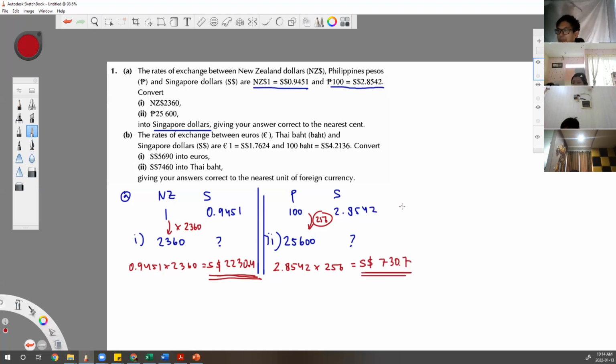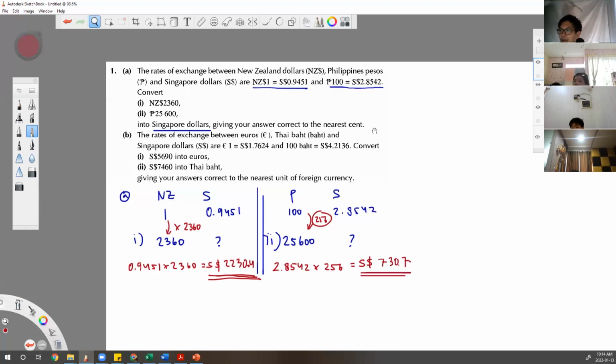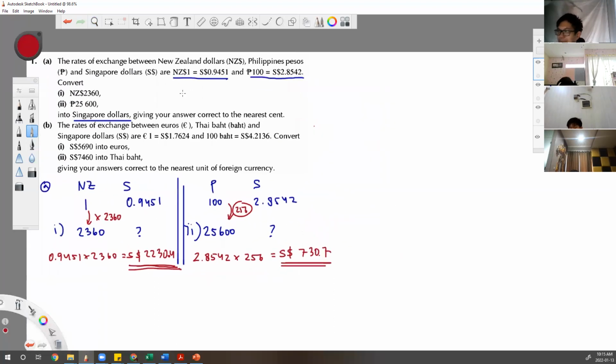Okay, now part B. I think it's quite challenging. The rate of exchange between Euro, Thai baht, and Singapore dollar. 1 euro is Singapore 1.7624, right?